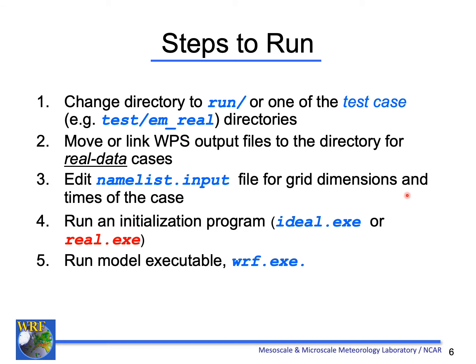Next, we will need to edit the namelist file for runtime options, and this includes simulation times and domain information. Once we've done so, we can start running the initialization program, either real.exe or ideal.exe. And the final step will be running the model executable itself.